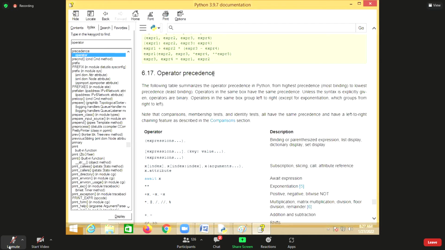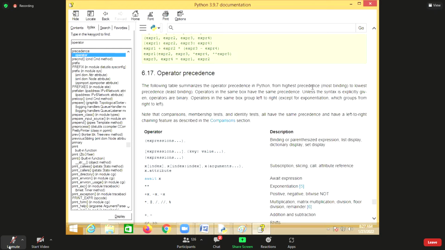Now, operator precedence. The following table summarizes the operator precedence in Python from highest precedence to lowest precedence, that is, from most binding to least binding.